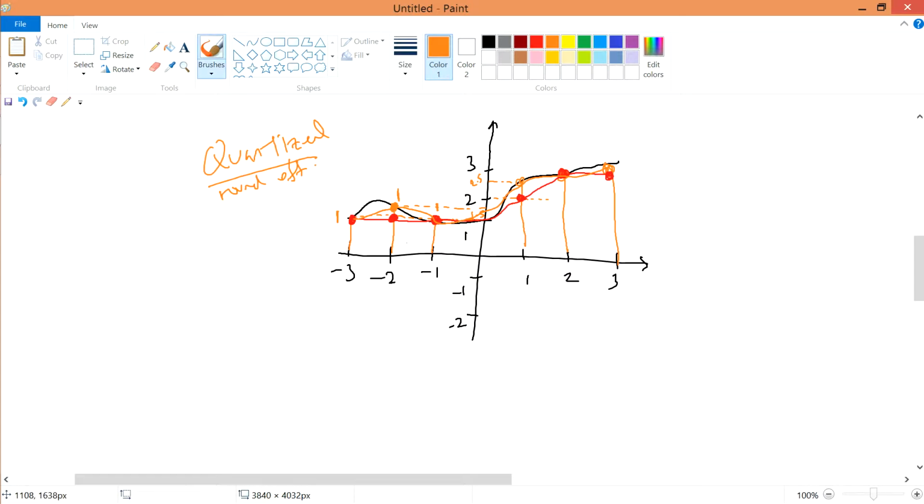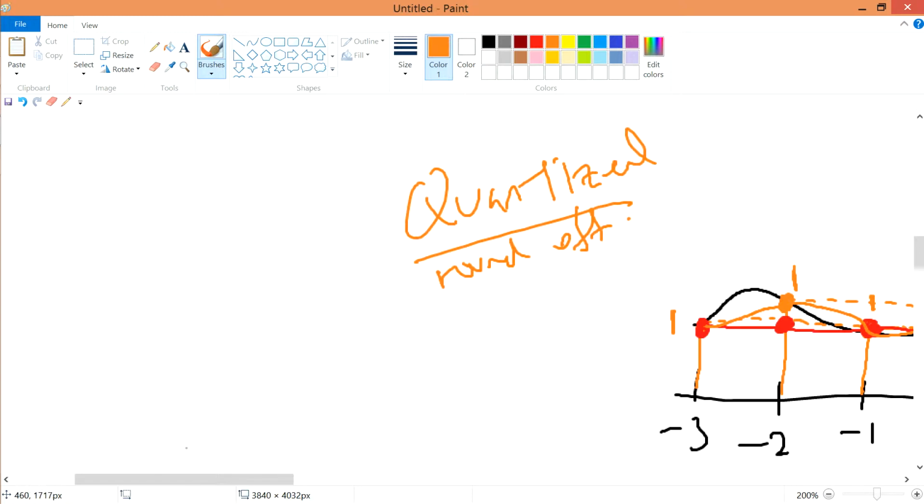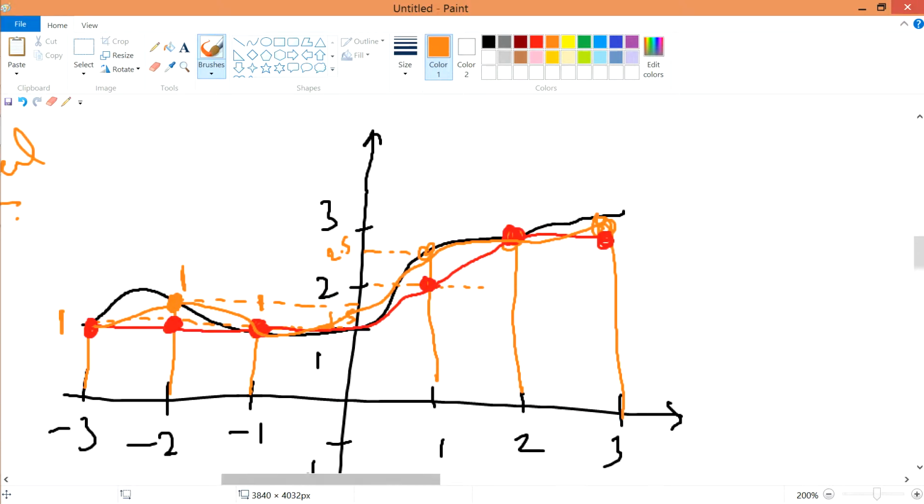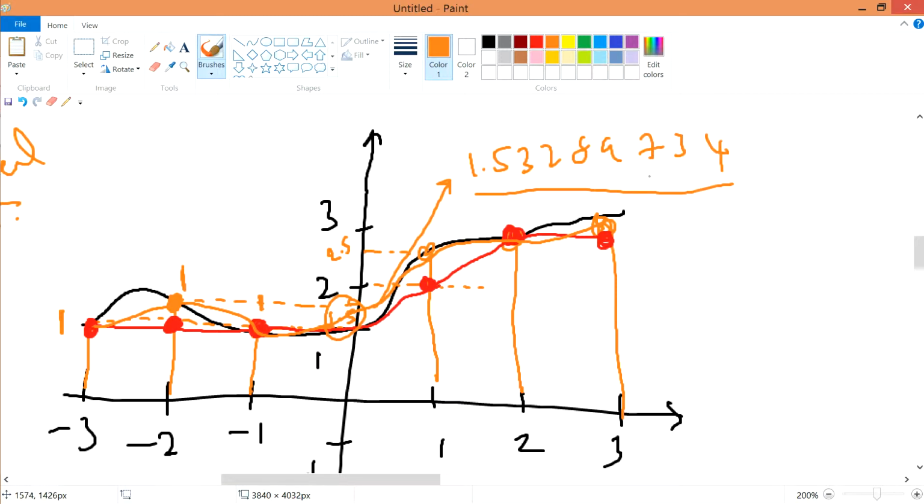Why do we round off? When we take a certain sample, for example at this particular point, we say that it's 1.5. It may be 1.5328973 4, it may be all these numbers, and the computer may not store all these numbers. So what they can do is round off, or round down, to a better representation.